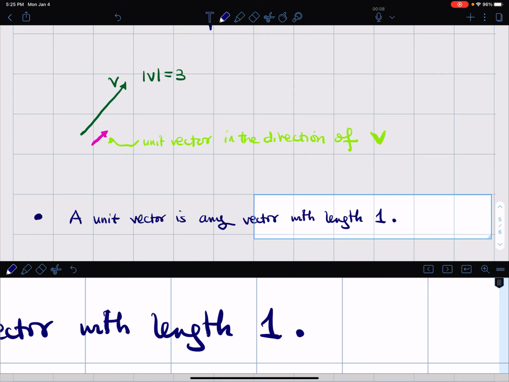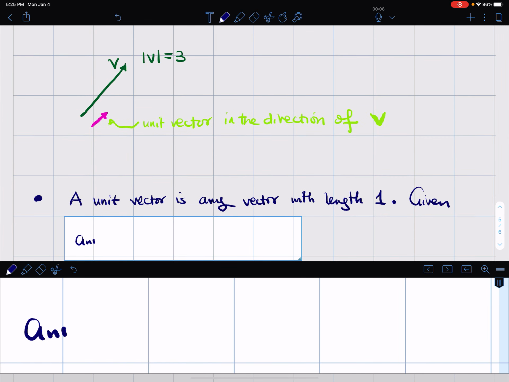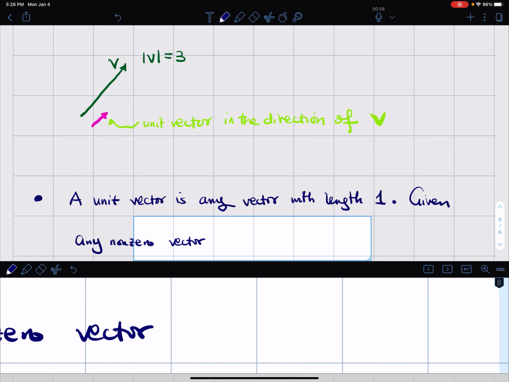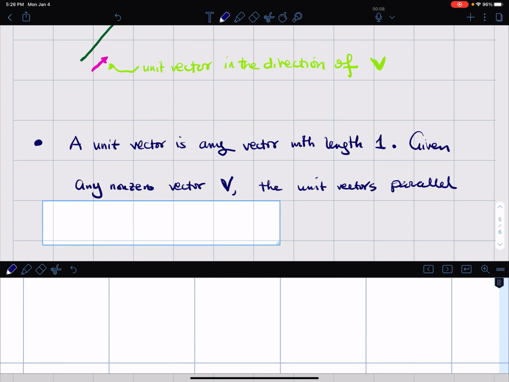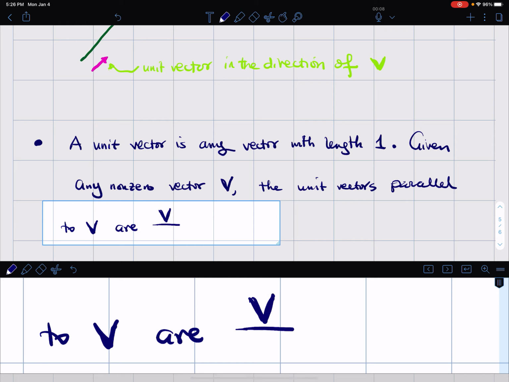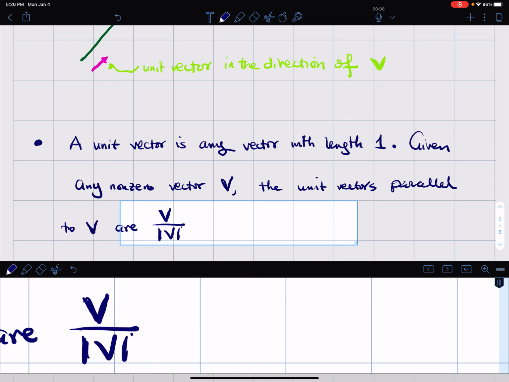So given any non-zero vector v, the unit vectors parallel to v are the vectors v over the magnitude of v and minus v over the magnitude of v.